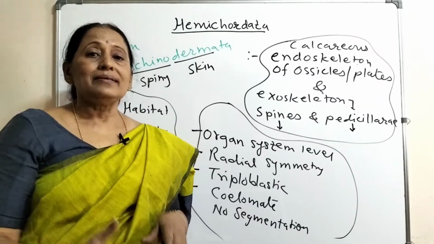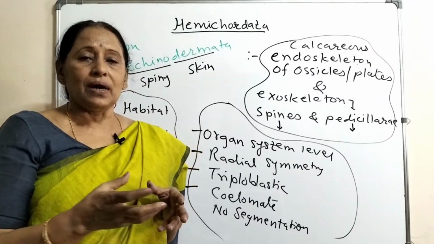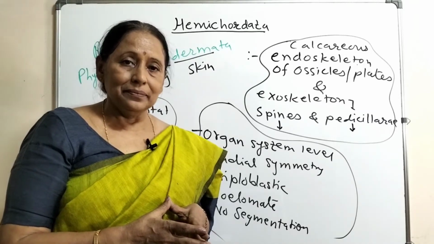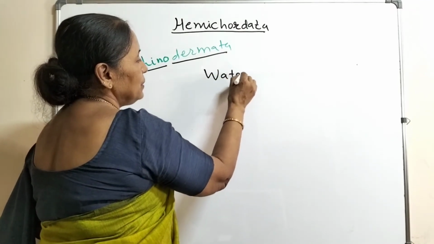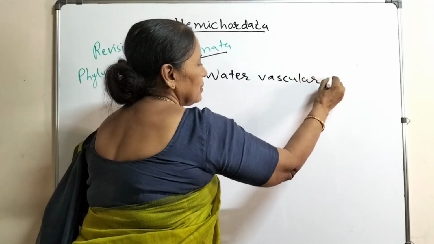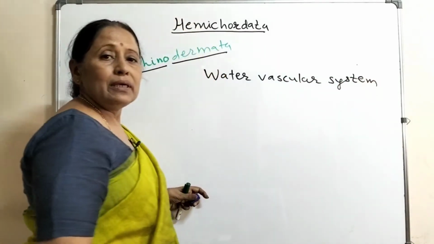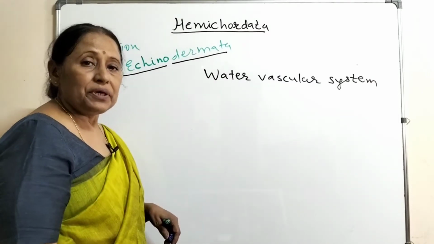Now one very interesting thing, one characteristic feature which is not found in any other phyla, is the water vascular system. This water vascular system in echinoderms, do you remember one more system which sounds similar to it? The water canal system that was present in Porifera.